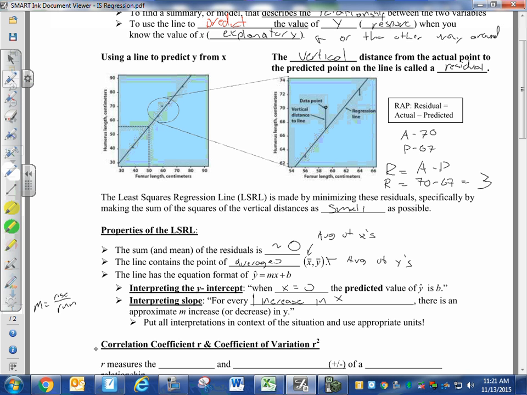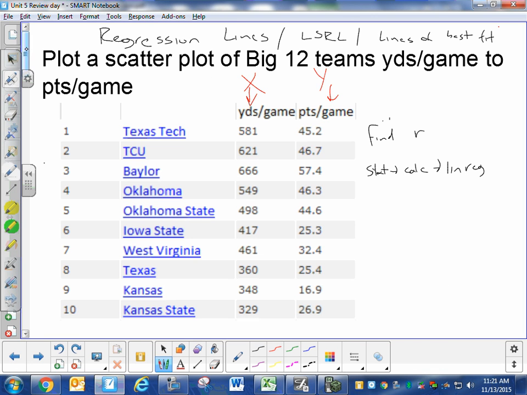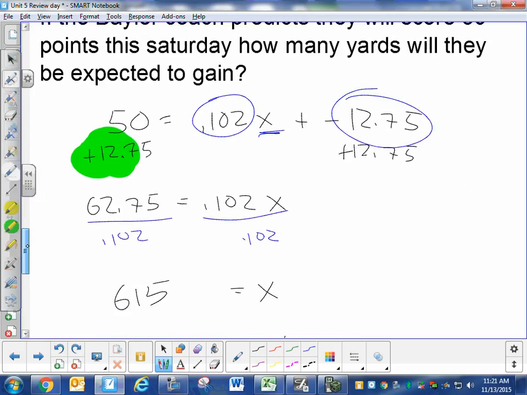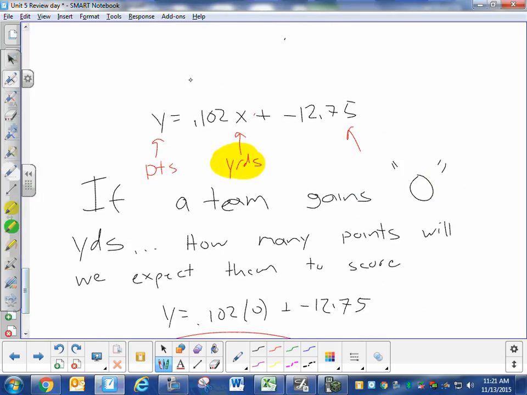Let's look at our previous example, actually. We had a slope here of 0.102. This is the slope. This is the y-intercept. We already talked about that y-intercept. But the slope, you can write that as 0.102 over 1, right? All of a sudden, this is a rise over a run.